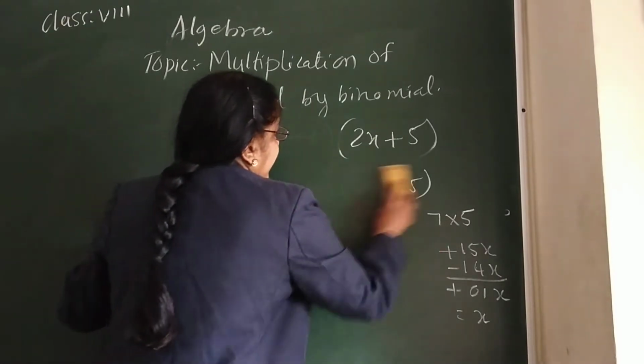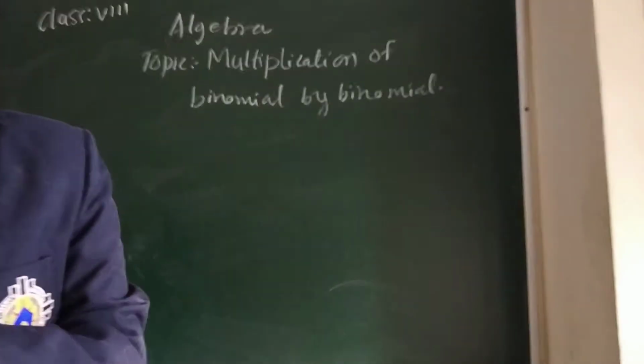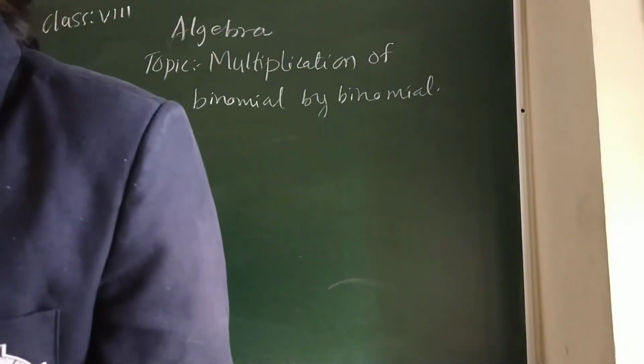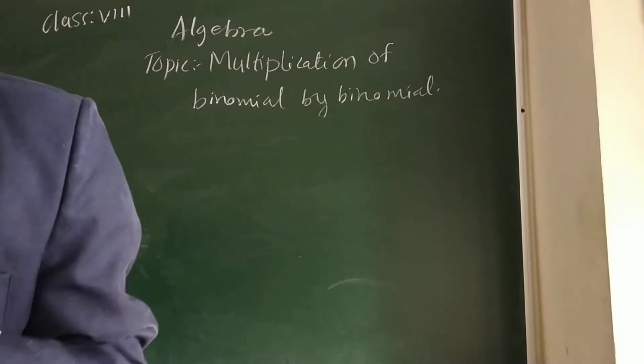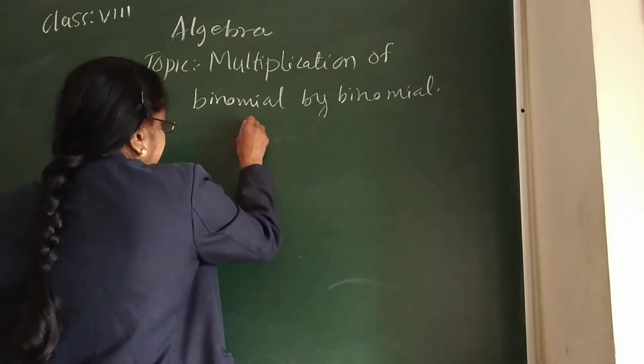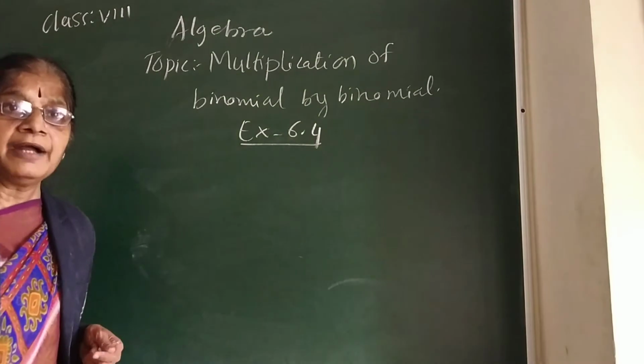Now we will go to the exercise where binomial by binomial is given, and it is on page number 100. The exercise is exercise 6.4, binomial by binomial.